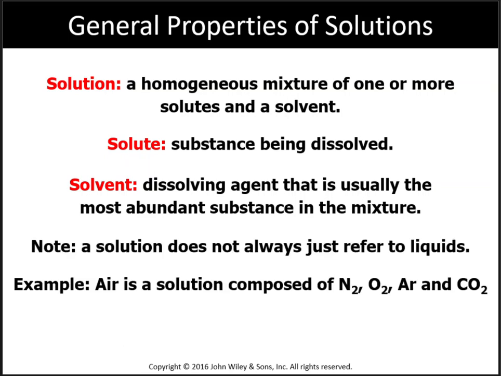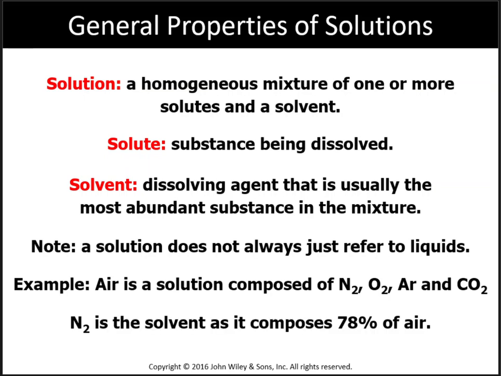Now, something to keep in mind is that when we talk about solute and solvent, it's not just about liquid solvent and solid solute. We'll show you different types of solutions. So we can have solutions that are solid, liquid, or even gas.